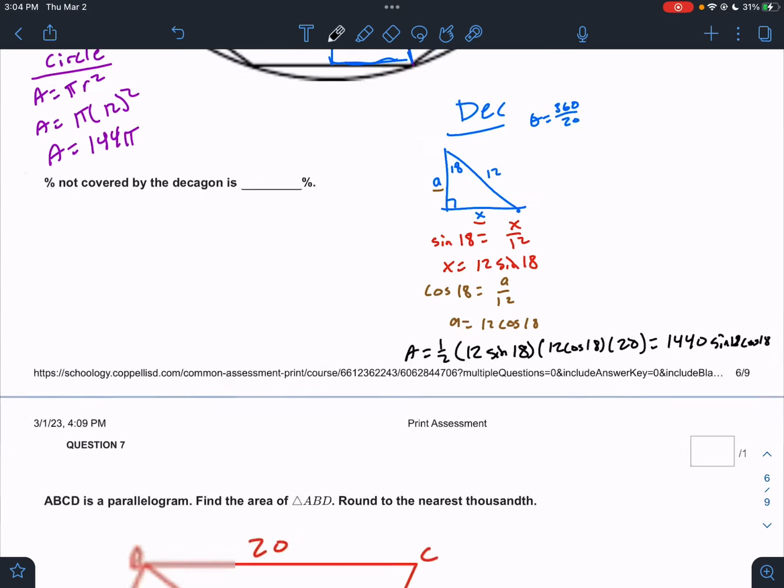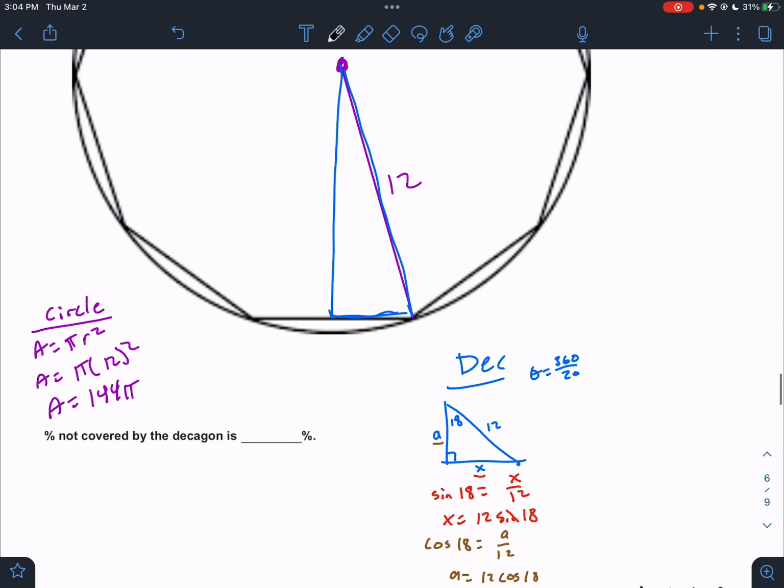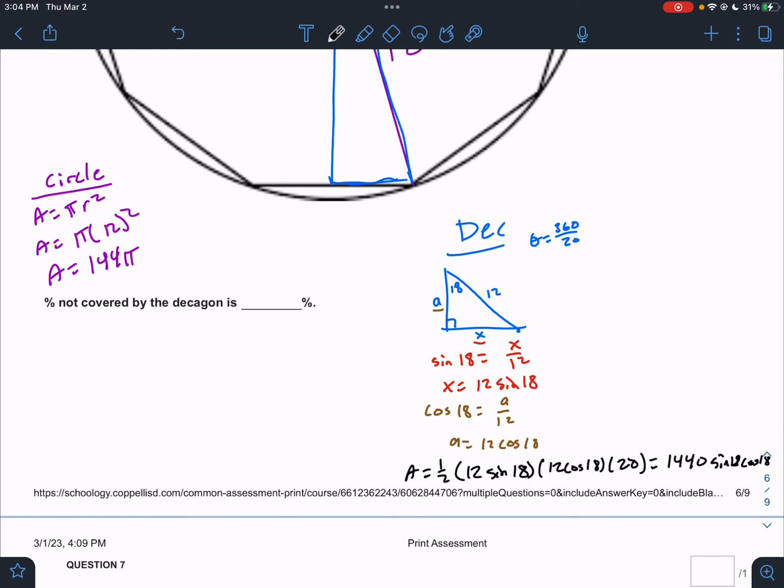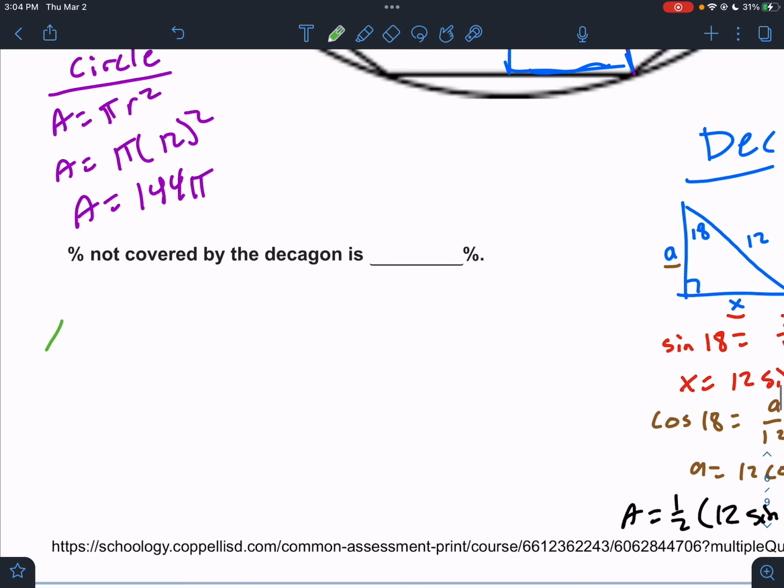Okay, so I want the percentage not covered by the decagon. So the percentage will equal, we need to do the circle minus the decagon divided by the circle times 100.